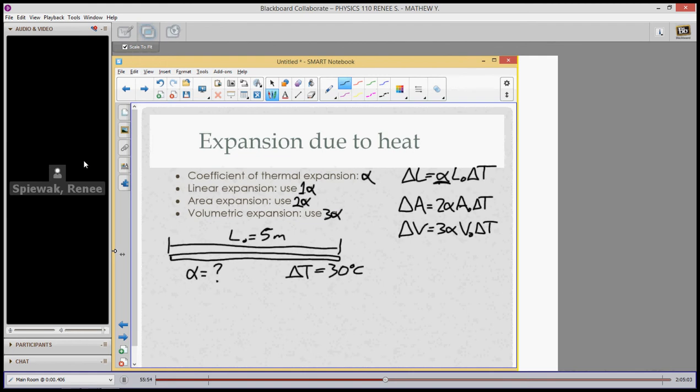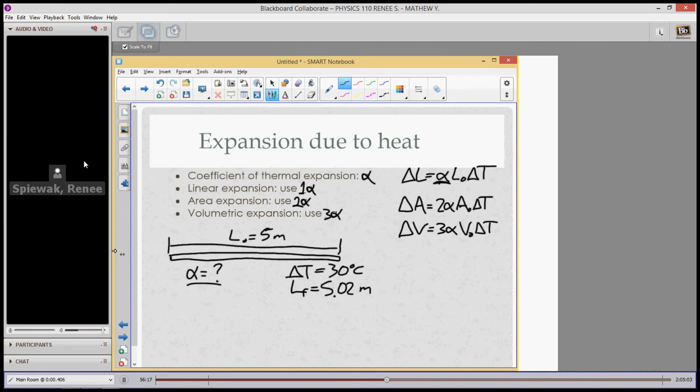And you find out that the L final is 5.02. What is your alpha?